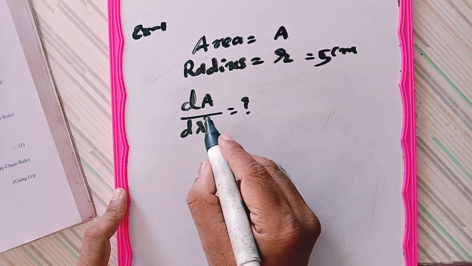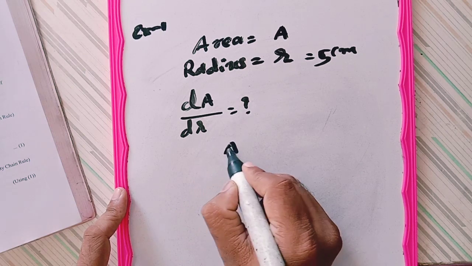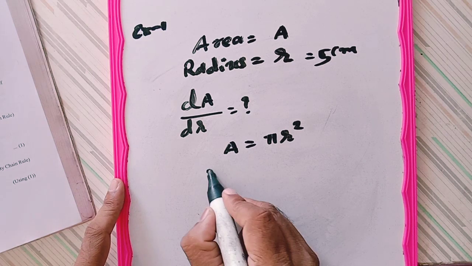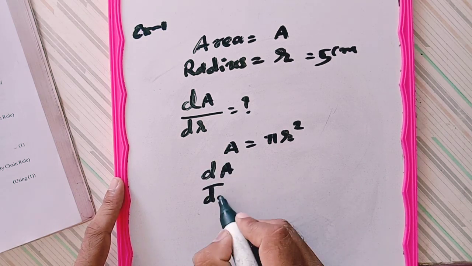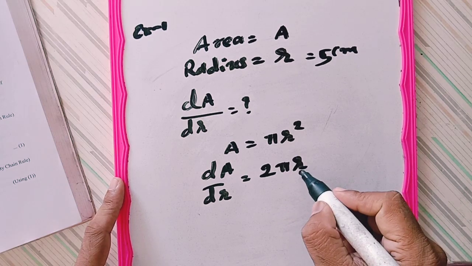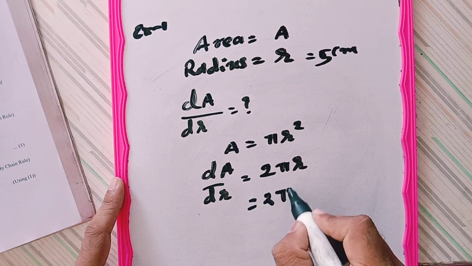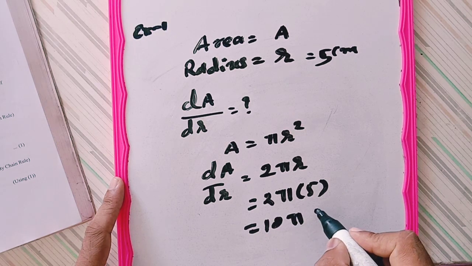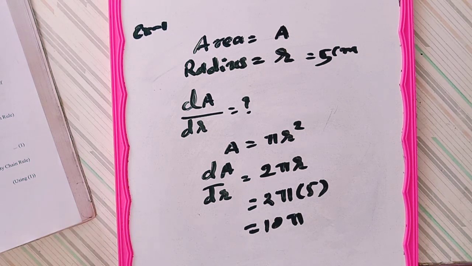We know A equals pi r square for the area of the circle, so dA by dr equals 2 pi r. Substituting r equals 5, we get 2 pi into 5, which is 10 pi, and so the answer is 10 pi.